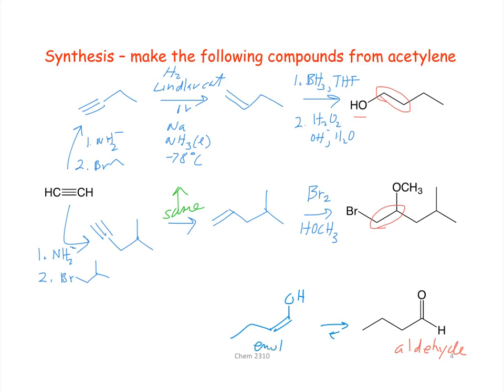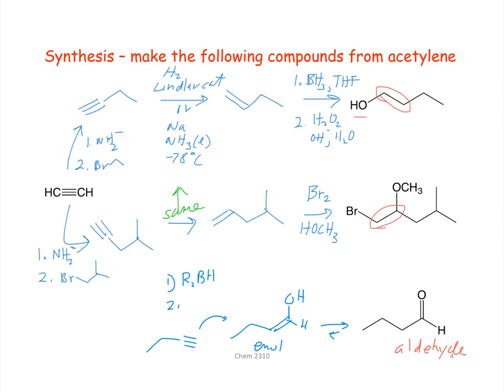We make an enol from the alkyne. But we want the enol on the end, so this is an anti-Markovnikov, so we have to use a hydroboration. So we use this borane that has two R groups on there.